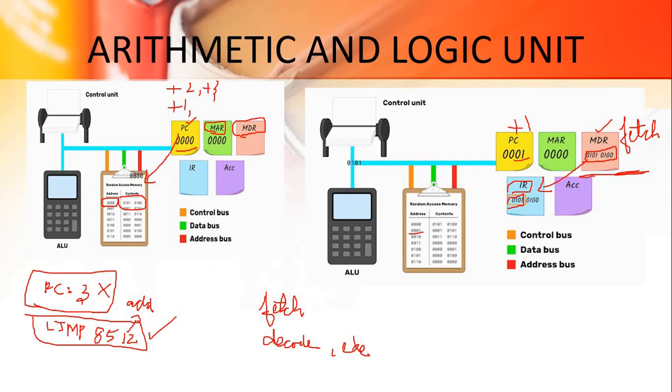In between, this memory address register will store this data 0100 here. It will take the content through an address bus. 0100 will be sent as an address here, via address bus, and it will take the particular content through a data bus. It will be shown in the next slide.